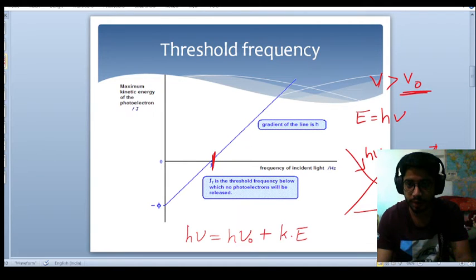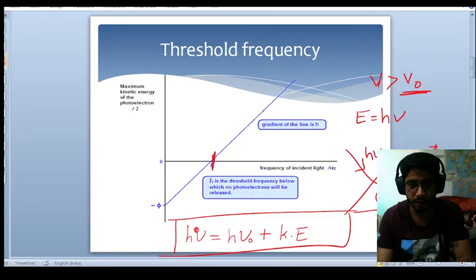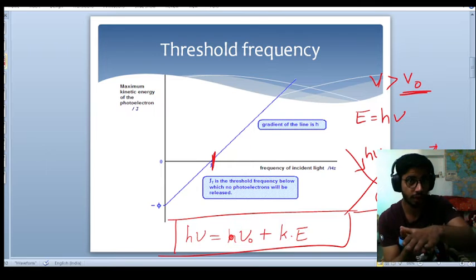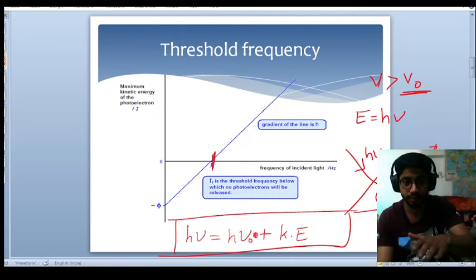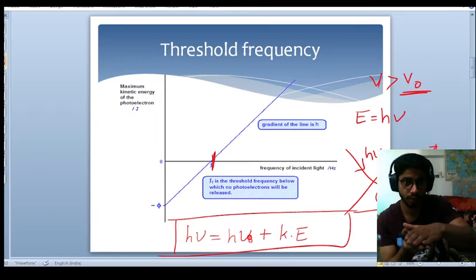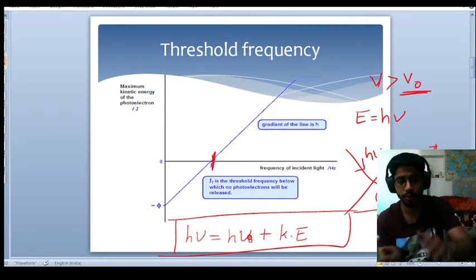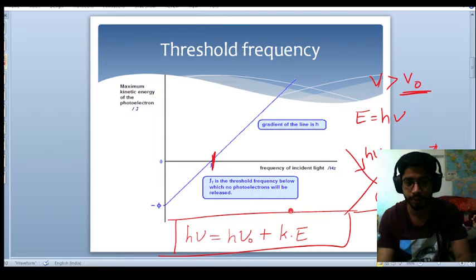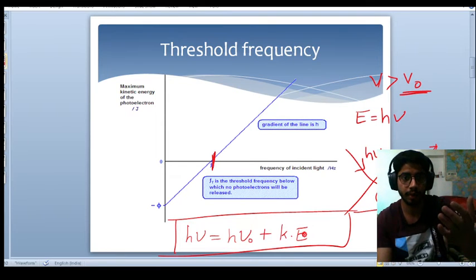And how much energy does this electron contain? It is simply the conservation of energy law. Here we have the energy of the incident beam, and the minimum threshold energy that is required to just eject the electron from the metal surface. The rest of the energy is imparted to the electron as kinetic energy.